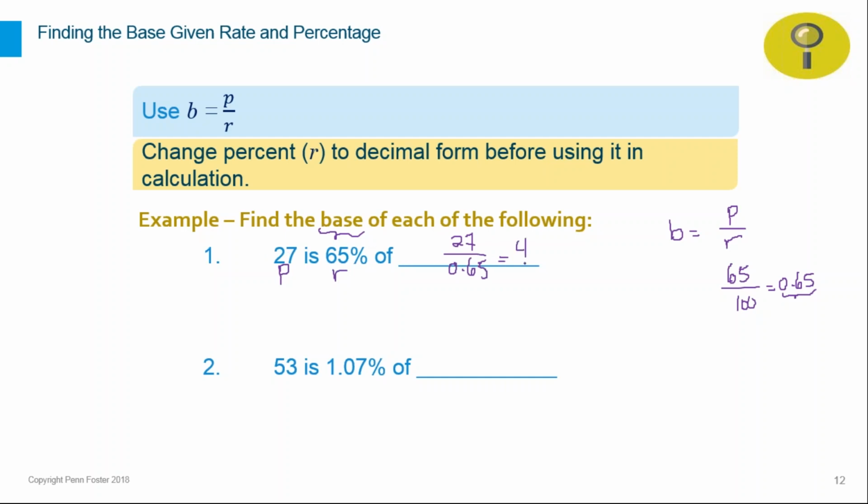And it is 41.538. If you want to round, you can say it as 41.54. Remember, if that number is 5 or greater, it will add a 1 to the previous number. So you can write your answer as this or that.